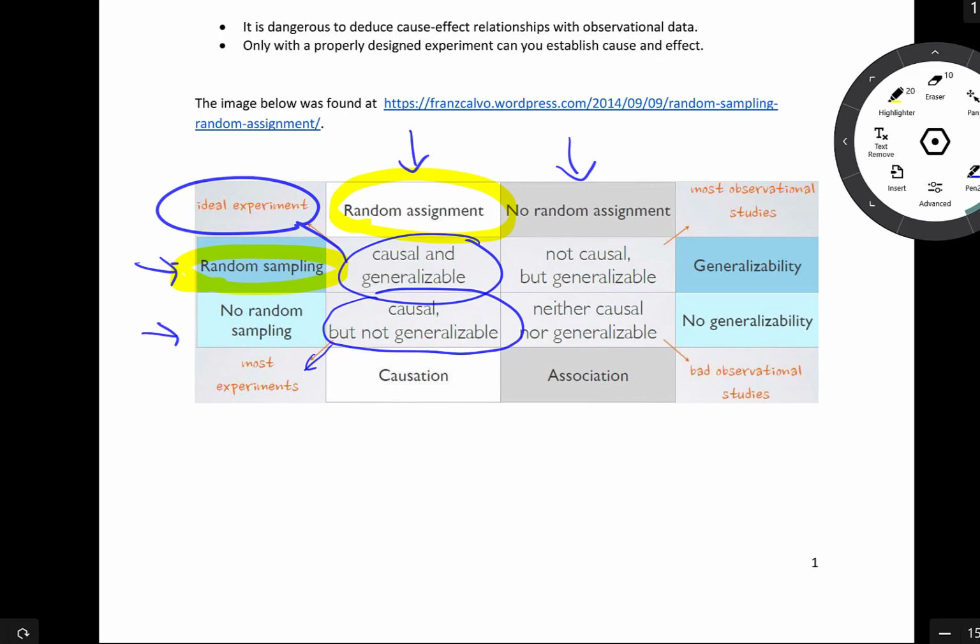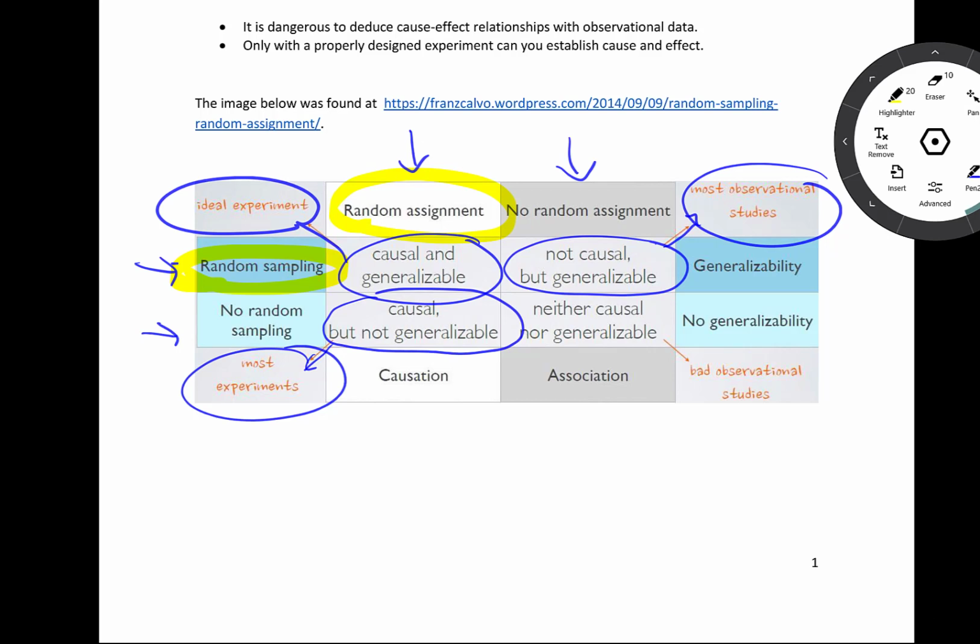And this is actually where a majority of experiments fall. If we have random sampling, but no random assignment, we can't say anything about cause and effect, but we can generalize to the population, and this is where most observational studies fall. And then if we have no random sampling and no random assignment, we really can't say much of anything, and this is just a bad observational study.